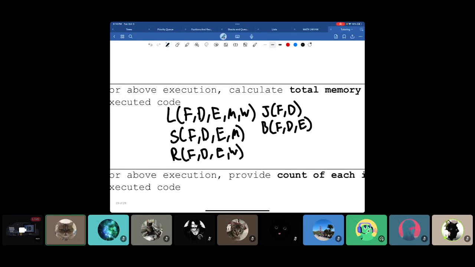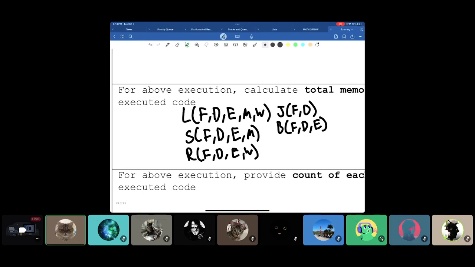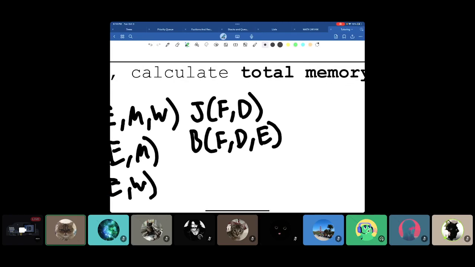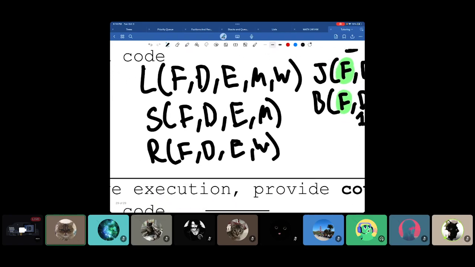Right? And let's go with our counter here. So we see that jump has 1 fetch stage, no mem stage, so that's going to be memory count of 1. Branch has 1 fetch stage, no mem stage, so that's going to be a memory count of 1. R type has 1 fetch stage, no mem stage, that's a memory count of 1.